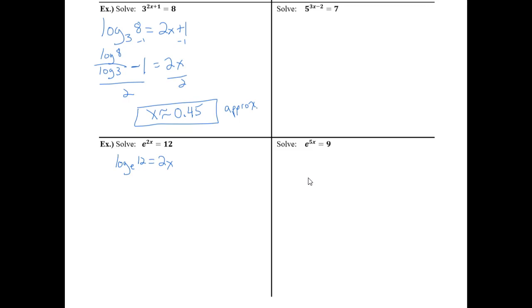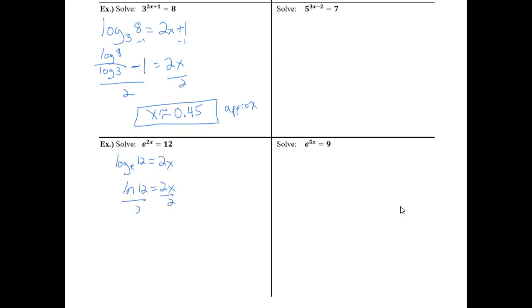But because this is log base e, this is a special log. This is the natural log. So I'm going to rewrite it as ln of 12 equals 2x. Remember, log base e is the natural log.